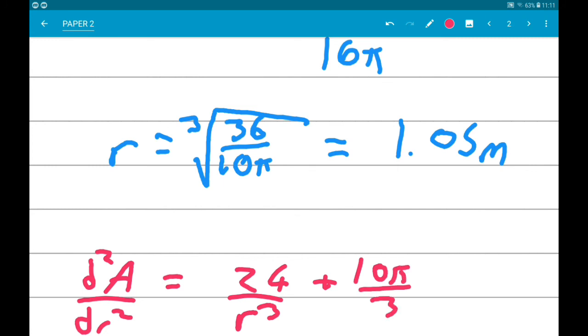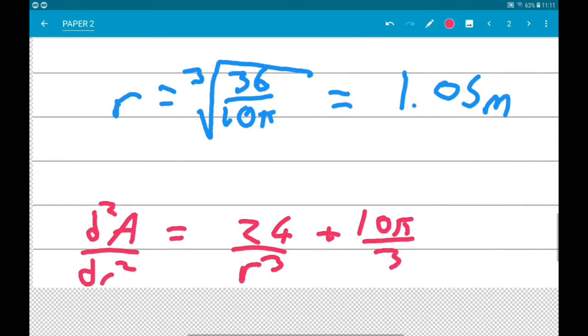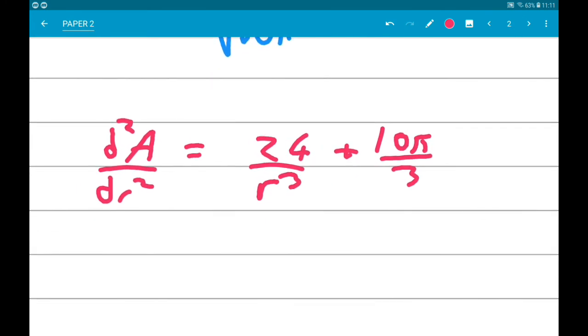Now, that is all positive, so we can see that r being positive means that the second derivative is positive.